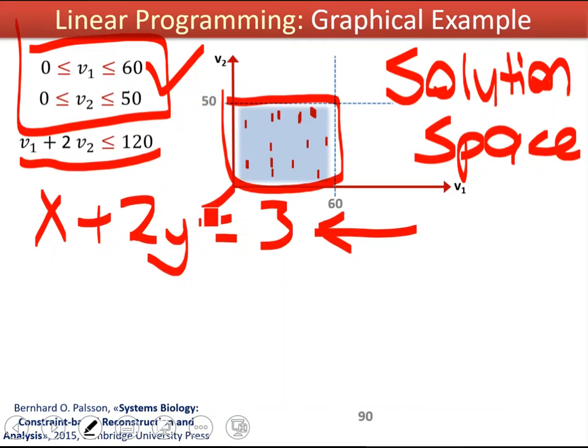And if it is an inequality, it defines one side of this line defined with the equation. So the thing we need to do first is to draw the line defined by V1 plus 2V2 equals 120.